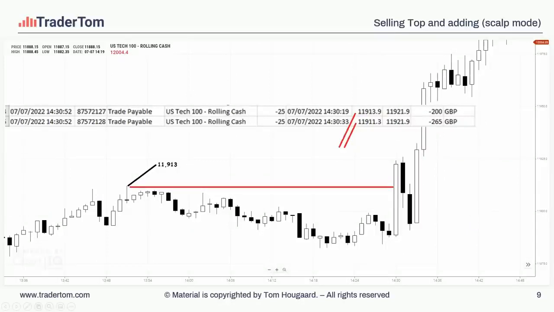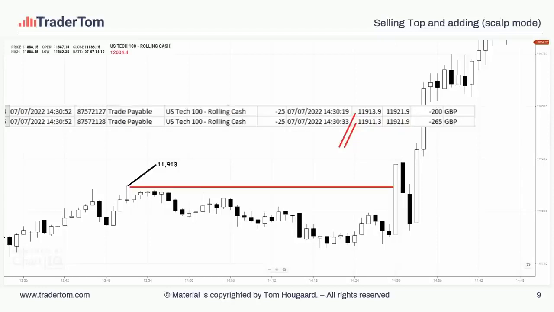So what you're seeing here is the overnight range, and then you're seeing that I'm shorting right here at 11,913. You see that is the entry up here. The market actually moves against me. This trade is executed at 52 seconds past the open, and then what you're seeing here is me shorting against the overnight range top. The high was 11,913.